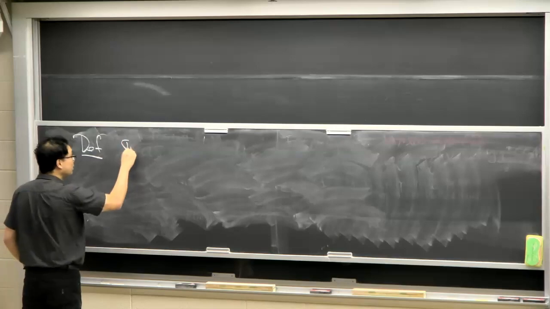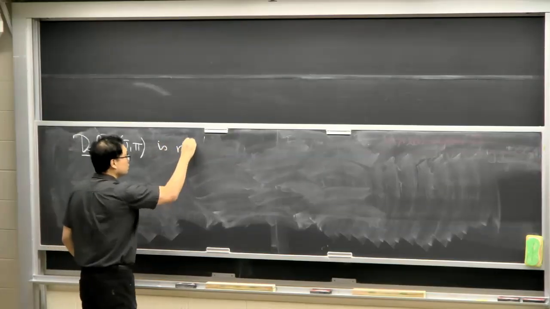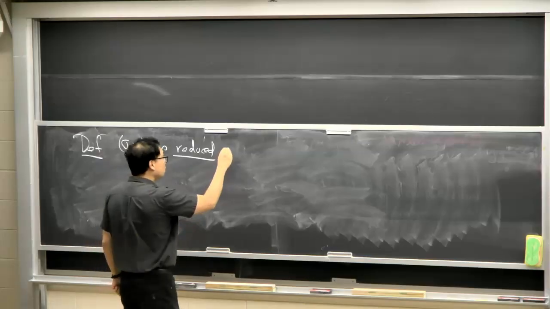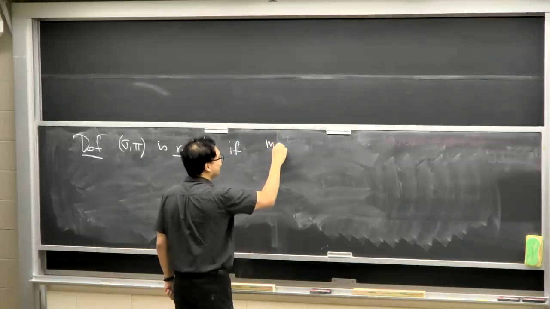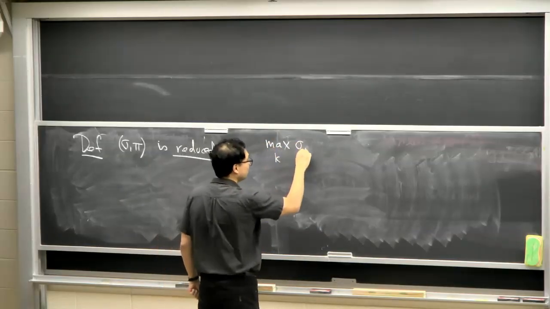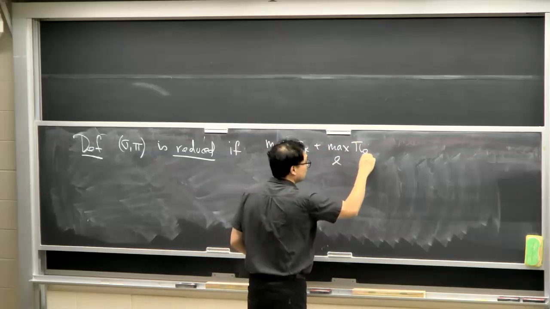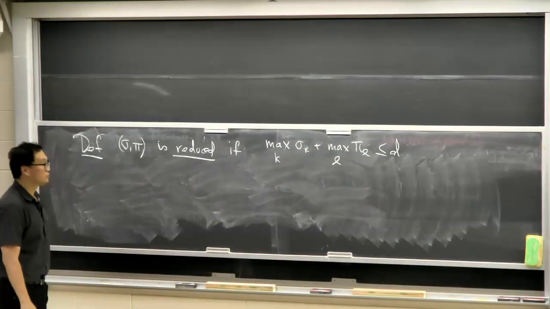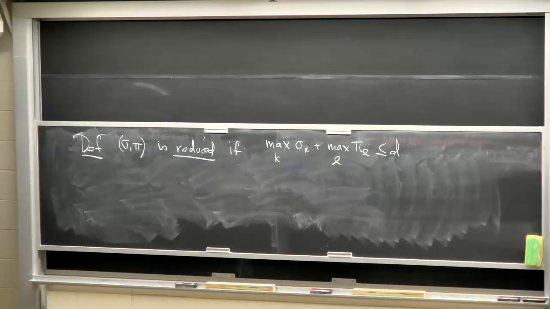I want to define sigma and pi, a pair, to be reduced if you can't do that. In other words, the maximum over K plus the maximum over L is less than or equal to D. So exactly in this example over here, satisfying 2 plus 2 equals 4.